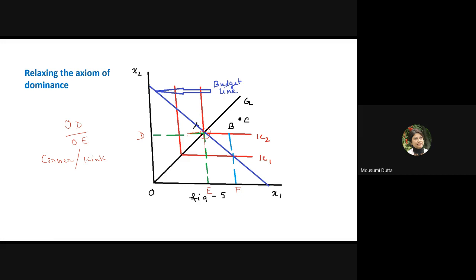Permitting A and B to be in different amounts indicates the relaxation of the axiom of dominance.